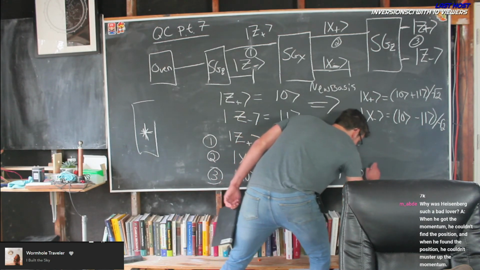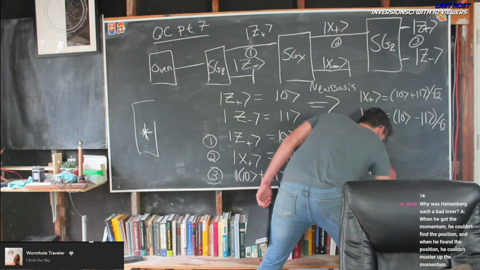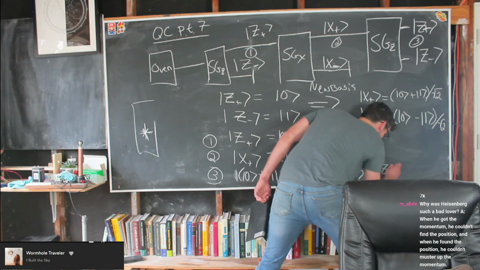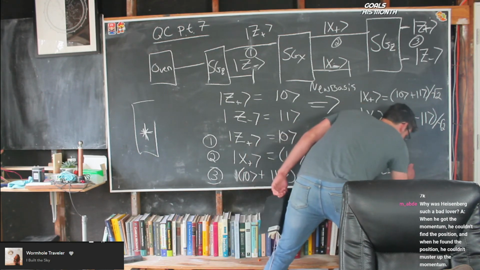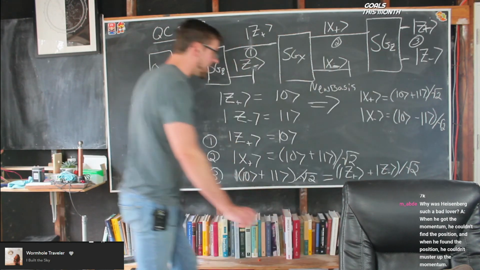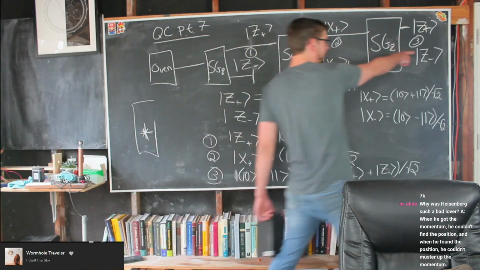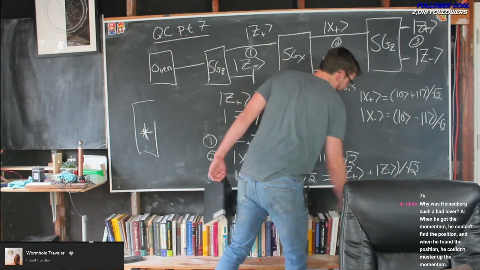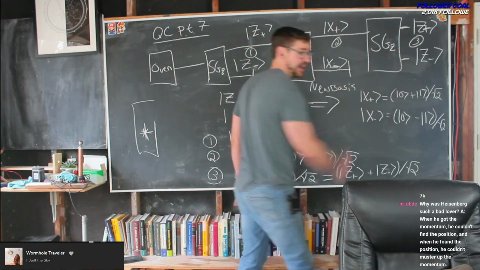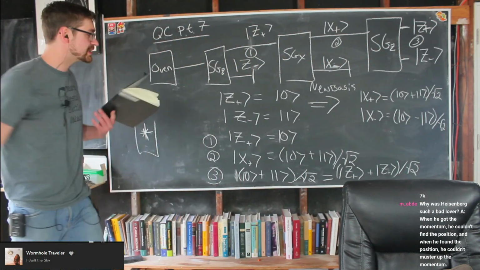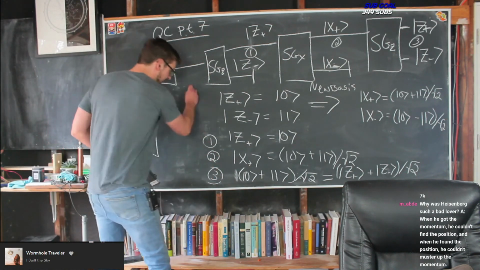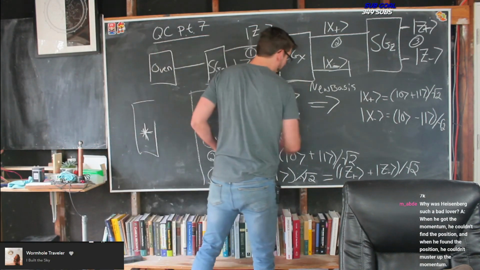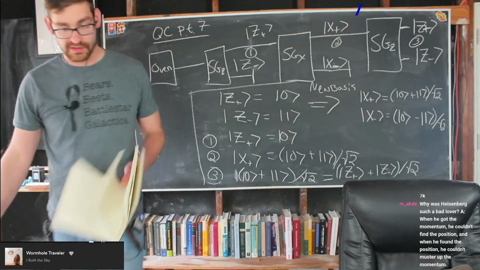Z plus and Z minus over root 2. There we go. So you know that if you come to here and you start measuring particles, you're going to get Z plus with 1/2 probability and Z minus with 1/2 probability. So our quantum computing setup actually works really well with the Stern-Gerlach machine.